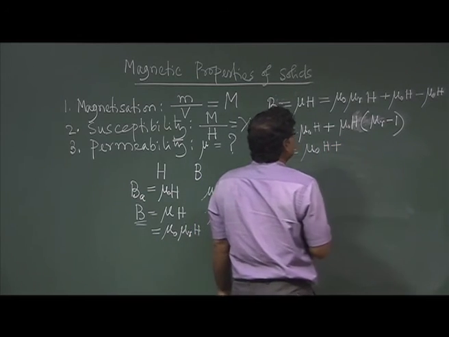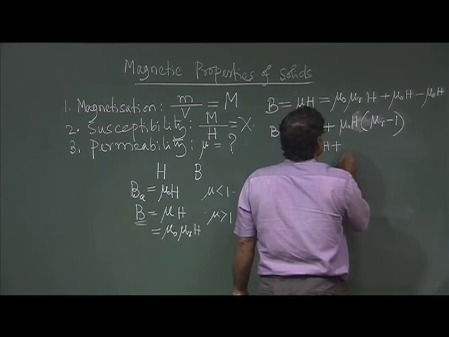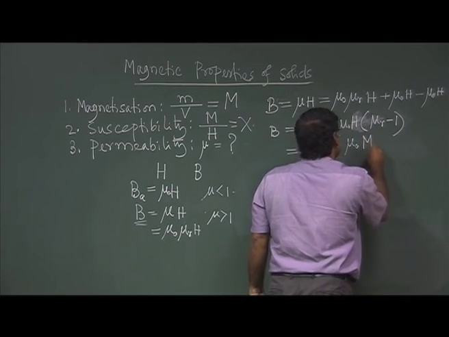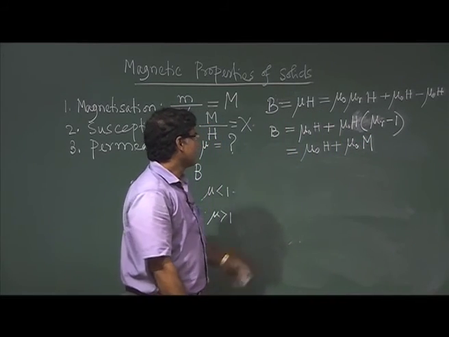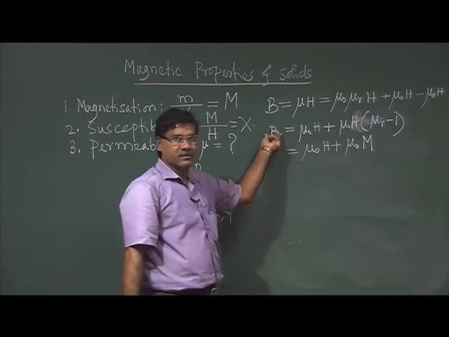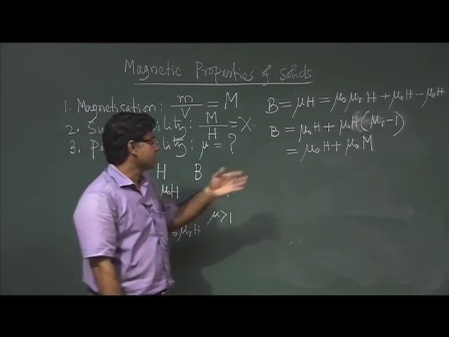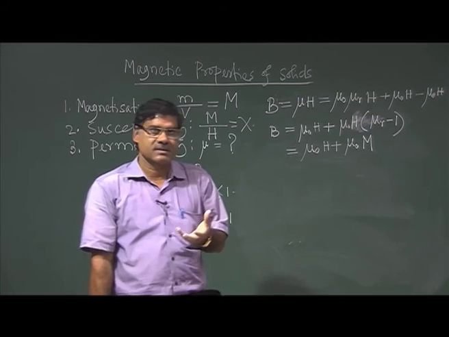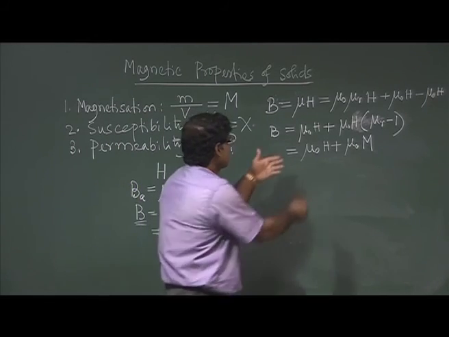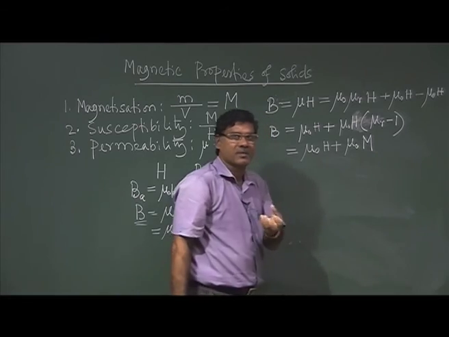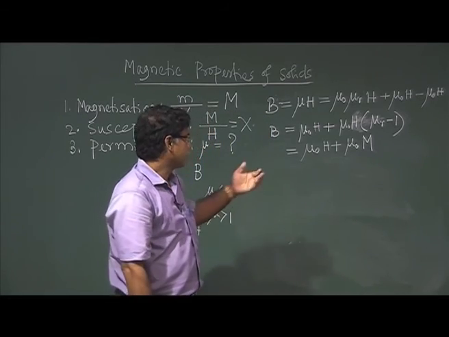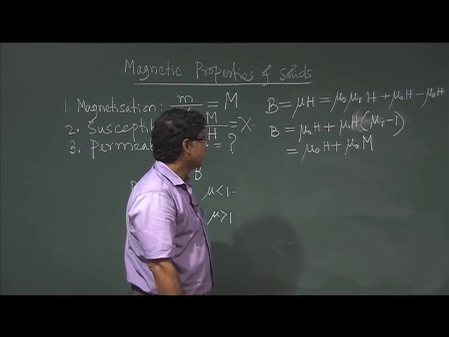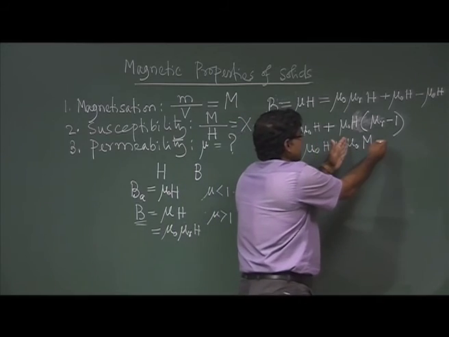So, mu 0 H plus mu 0 M, if I write mu 0 M. So, B has two parts as I mentioned. One is coming from the external magnetic field, another is coming from the internal magnetic material, right. So, this mu 0 H is the contribution from the external magnetic field, plus this additional contribution from the magnetic material.